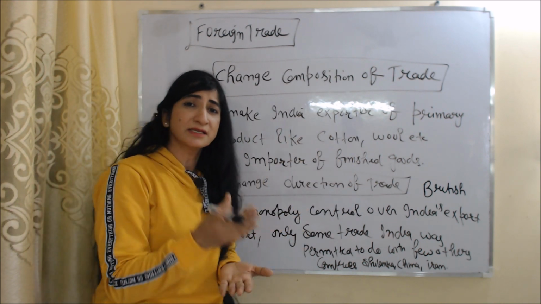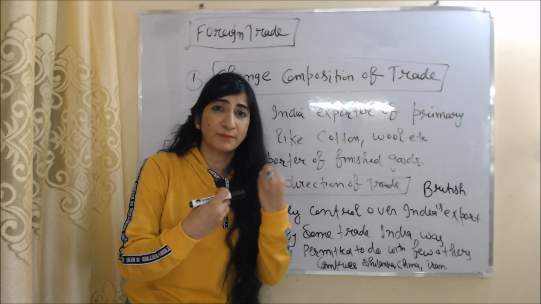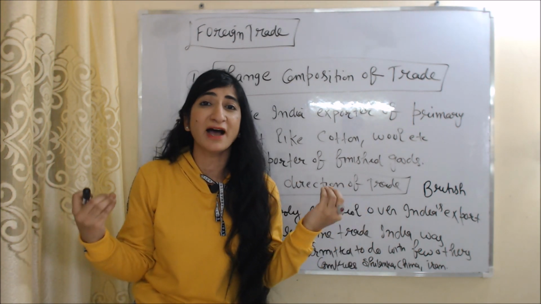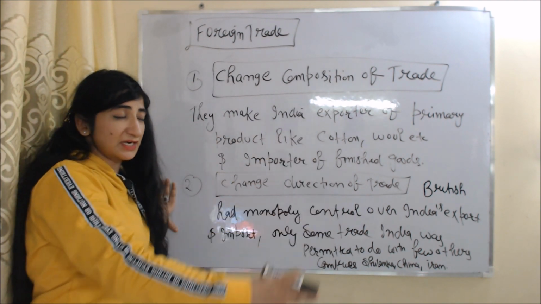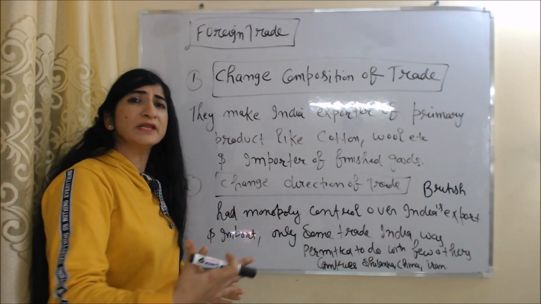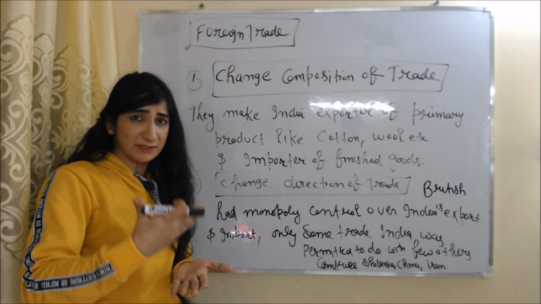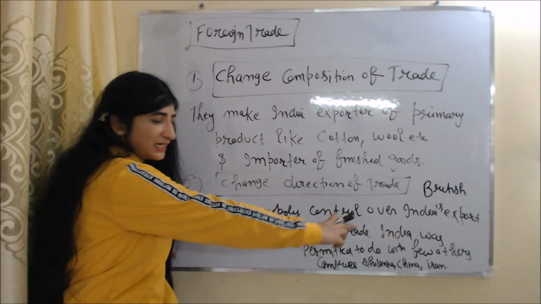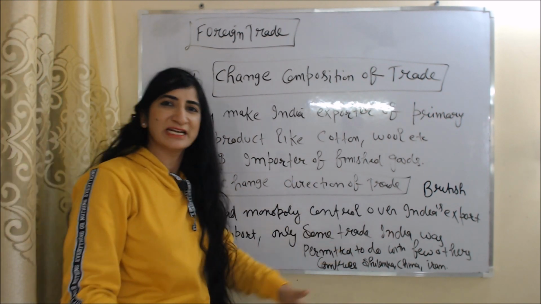As we discussed earlier, the British bought raw material from India at a very low price and sold finished goods in India at a very high price. Second, the British changed the direction of India's trade because they maintained monopoly control over India's exports and imports. Most of the trade India did was with Britain, and only some trade was permitted with a few other countries like Sri Lanka, China, and Iran.